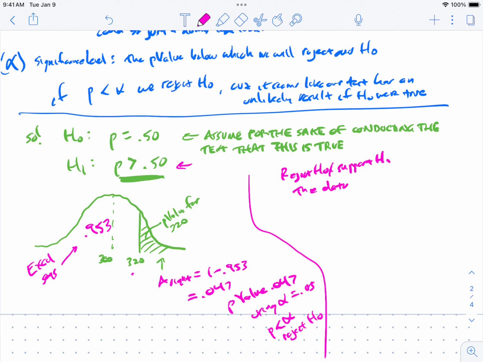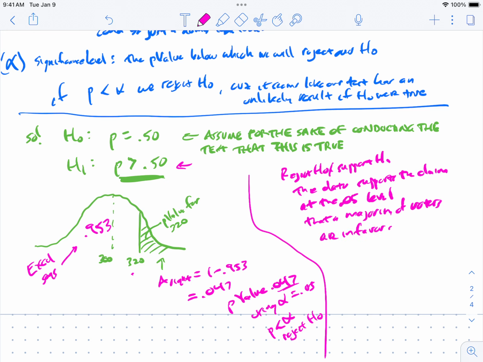The data supports the claim at the 0.05 level, because it doesn't support it at the 0.01 level, right? It only supports it at like a 0.05 level. But it supports the claim at the 0.05 level that a majority of voters are in favor, I guess, of Prop 88.